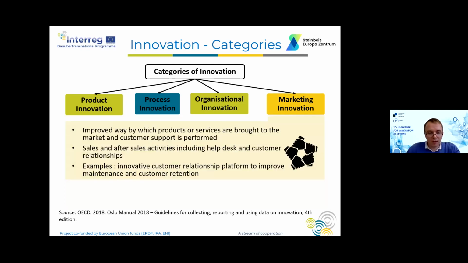The fourth category is marketing innovation. So it's the way by which products or services are brought to the end users. So this could refer to sales or after-sales activities that will help you to have a better relationship with your customers, to have a better customer retention in general.